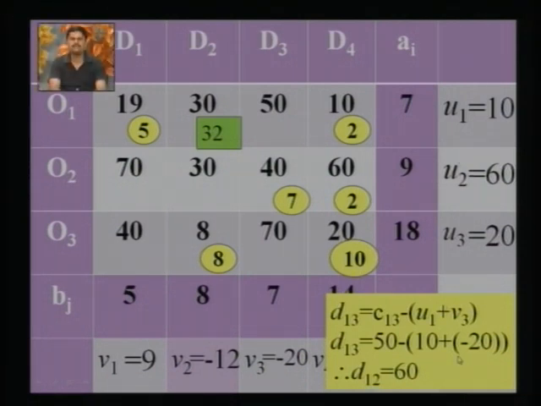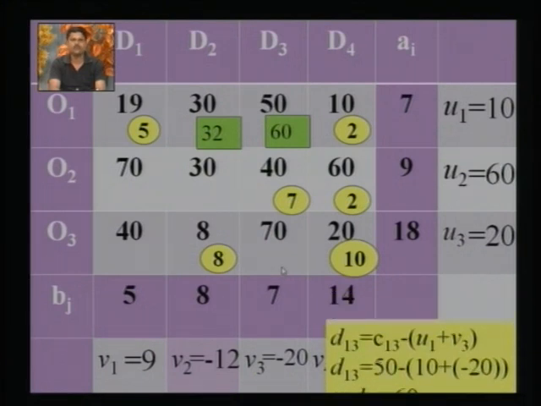What is V3? It is minus 20. So 10 plus minus 20 is minus 10. Then again minus sign is there, so plus 10. It is added to 50, so plus 60. So D13 becomes 60. So we write it in the southeast corner here. So this is our second opportunity cost. Now how many cells are left? 1, 2, 3 and 4. Still we have to calculate 4 more opportunity costs.